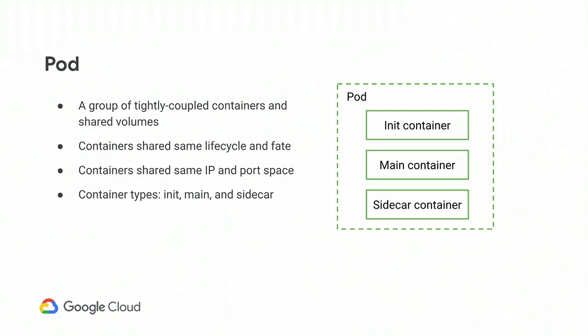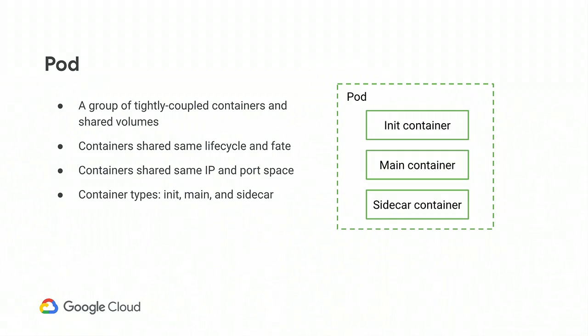There are three types of containers: the init containers, main containers, and sidecar containers. Init containers perform initialization routines like creating data directory or downloading the source codes before the main container is started. The init container has to be completed before we can start the main container.